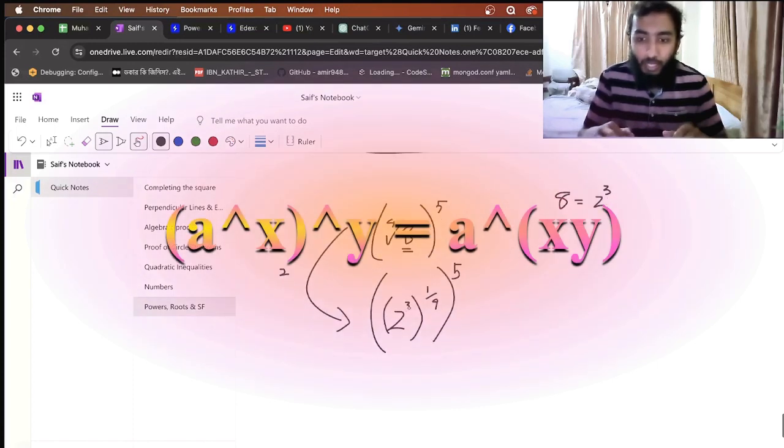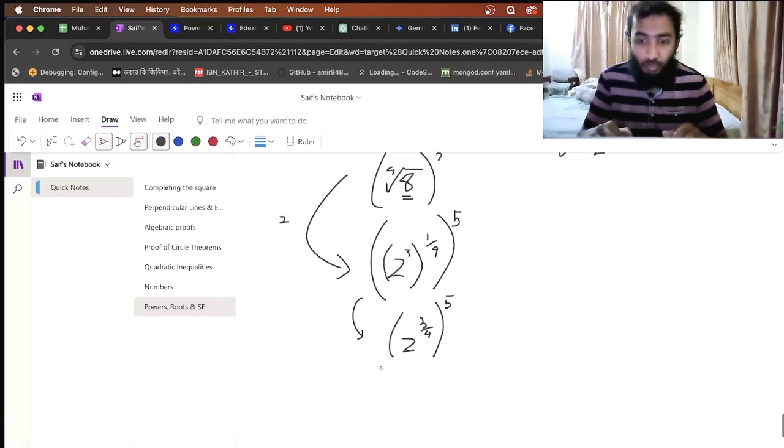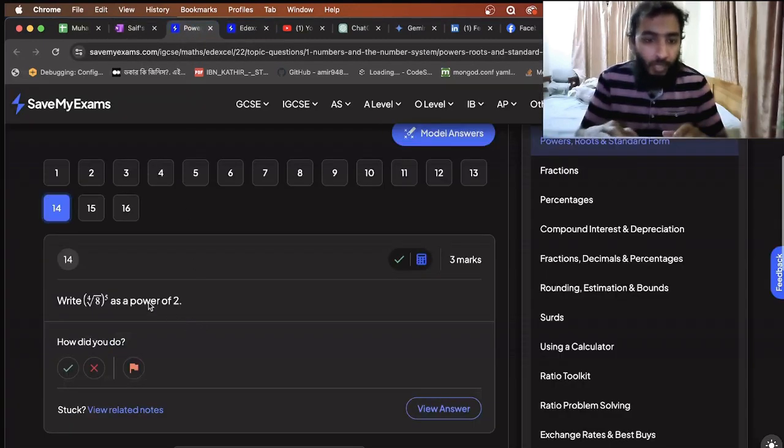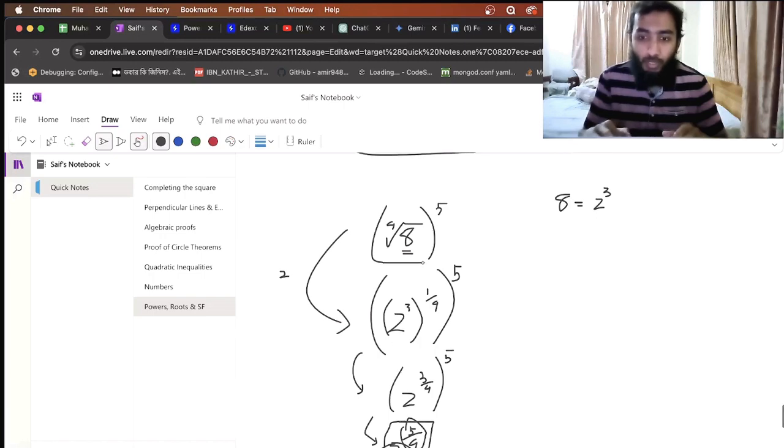So if I multiply 3 with 1/4 first, we can write 2 to the power 3/4, whole to the power 5. Then we multiply 5 with 3/4, and we get 2 to the power 15/4. So this is the representation of this number as a power of 2.